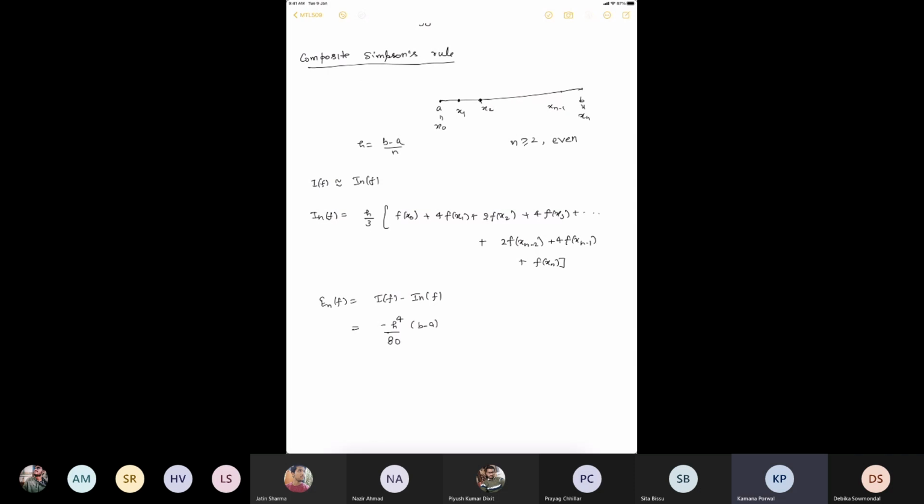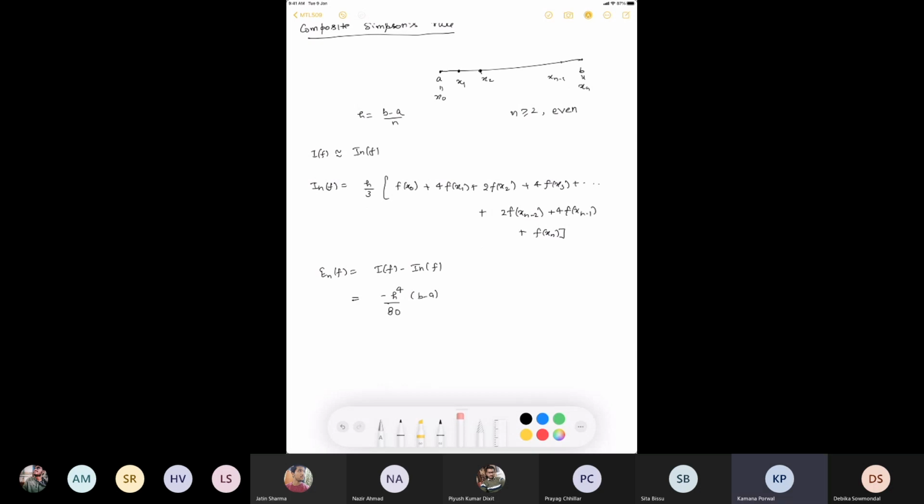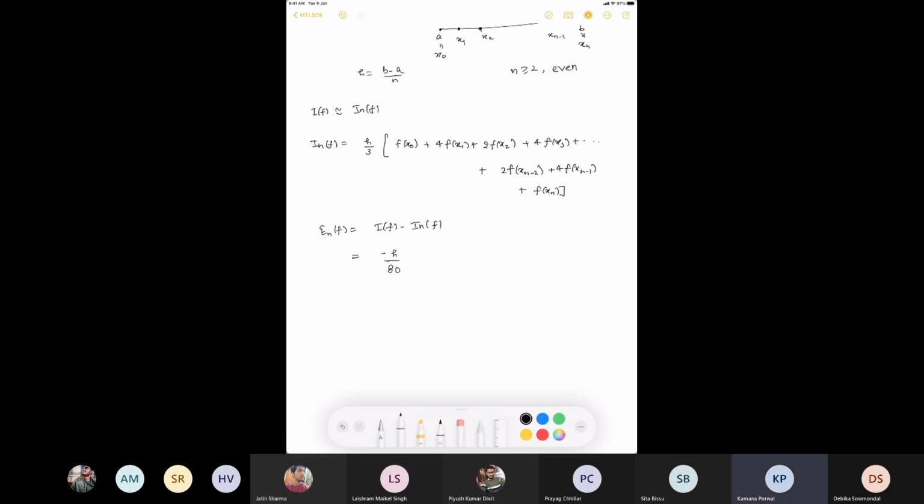Okay, so we had obtained it as a summation, which we could get the upper bound on, right? So let me write it in this way. We got it as h raised to power 5 divided by 90 into the summation of the fourth derivative of f at some eta j, where j is varying from 1 to n by 2.